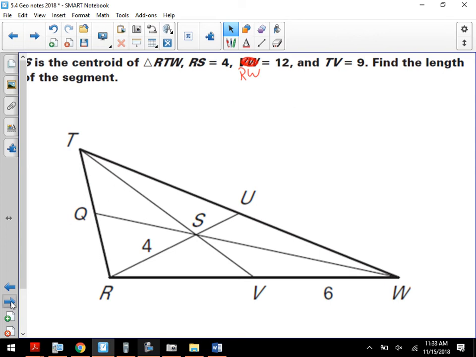RW is 12. That makes RV how much? That's easy. 6.